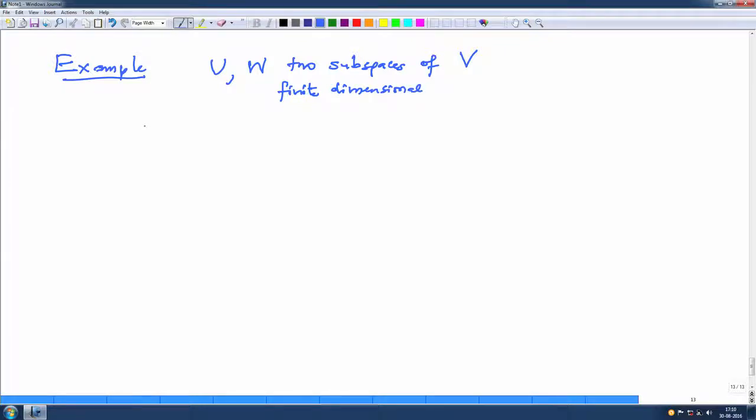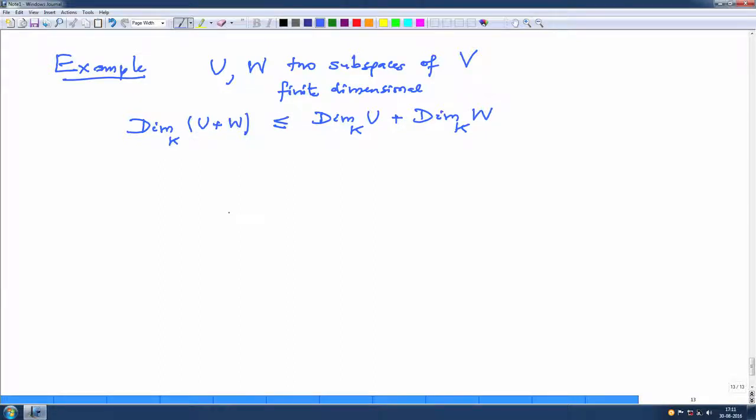Then from the dimension formula it follows that the dimension of the sum is bounded by the sum of the dimensions. Because what we proved is this plus the dimension of the intersection equals this.